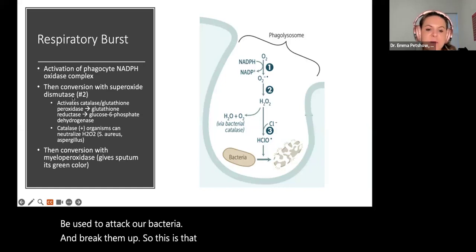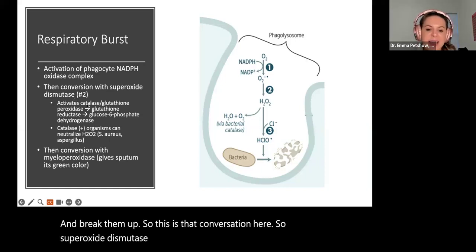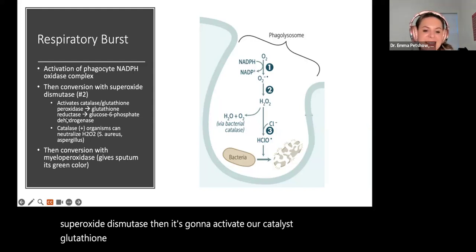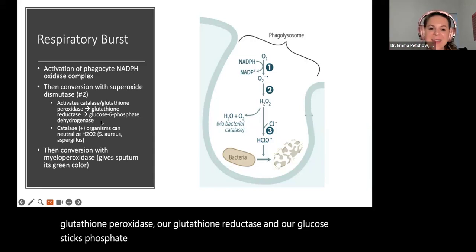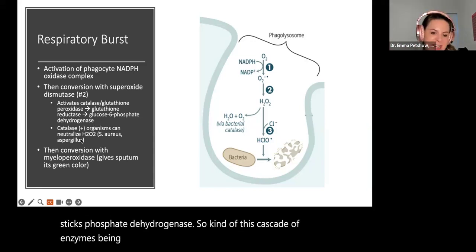So superoxide dismutase is going to activate our catalase, glutathione peroxidase, glutathione reductase, and glucose 6-phosphate dehydrogenase. So it's a cascade of enzymes being activated. And I mentioned that catalase positive organisms can neutralize this portion here.